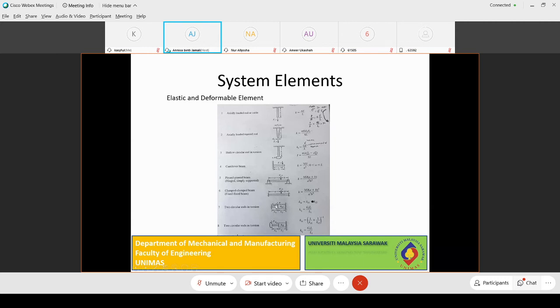All right. So these rods are attached in series. So this is how you define the KTE. All right. And two circular rods in torsion. Yeah, this is the two circular rods in torsion. Okay, that is for the elastic and deformable element.